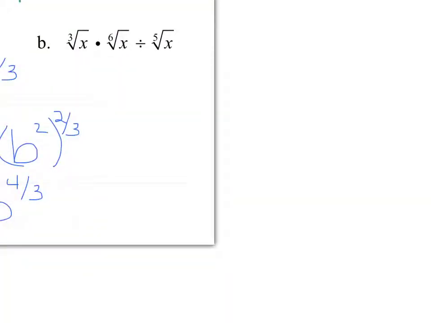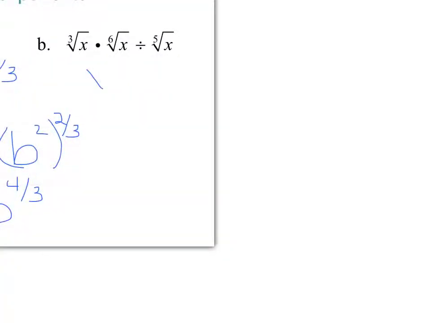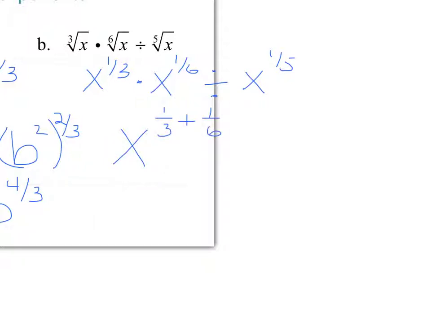Now our next example, we're going to first change these into powers. So that means I have x to the 1/3 times x to the 1/6 divided by x to the 1/5. You could put them as a fraction, or you can remember your rules, where if they're multiplying, they're adding, and when they divide, they subtract.